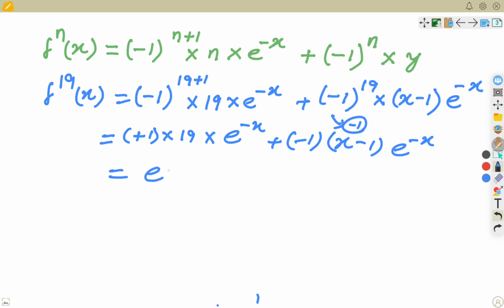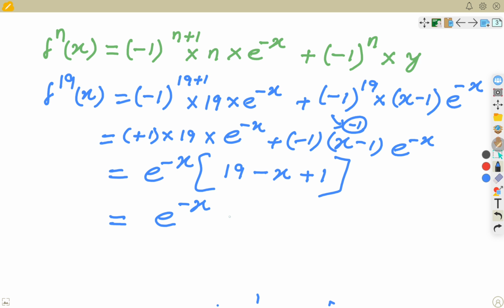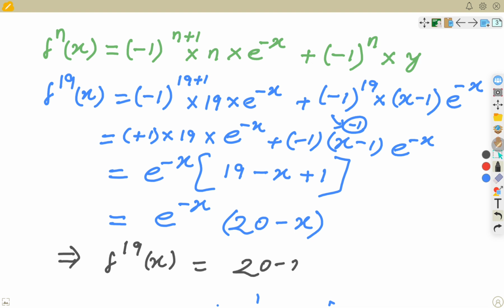If we take e to the power minus x common out of both the terms, it becomes 19 minus x plus 1, that is e to the power minus x (20 minus x). So we may write f of 19 x is equal to (20 minus x) multiplied by e to the power minus x.